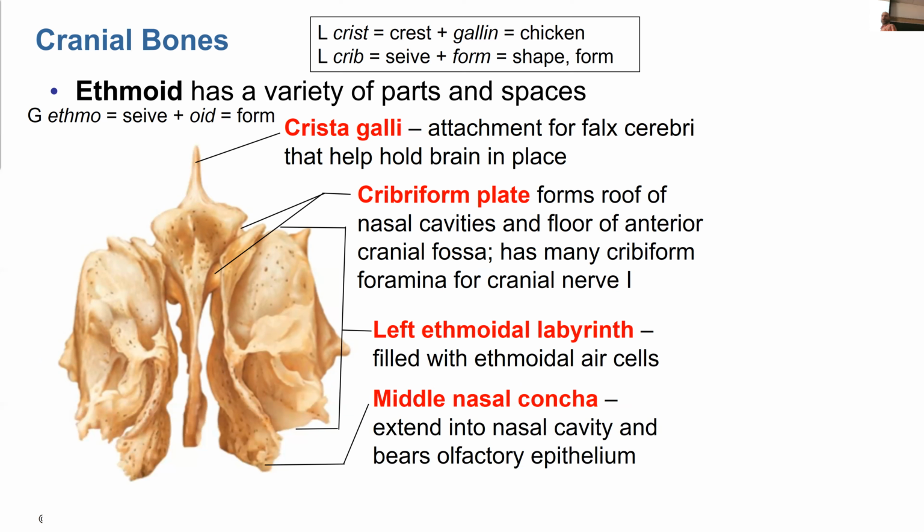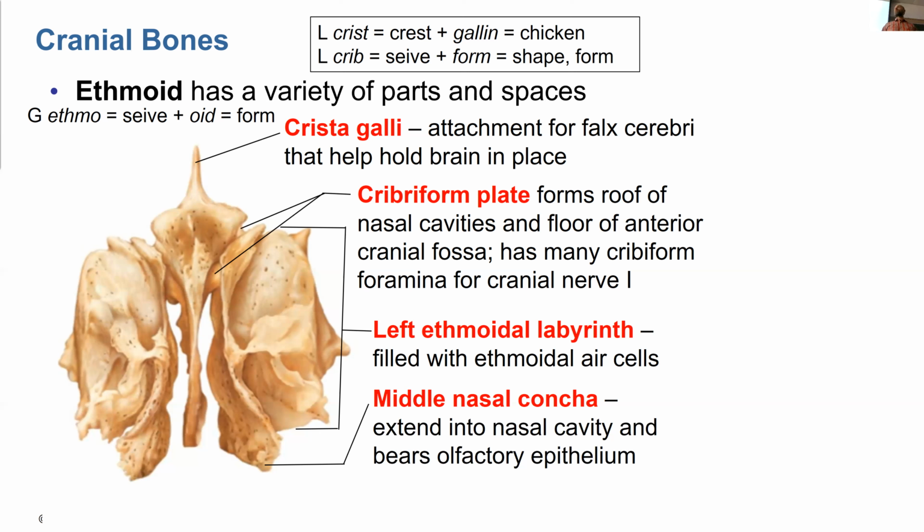You're going to see that there are 3 nasal conchae: a superior, a middle, and an inferior. The superior and the middle are part of the ethmoid bone, and the inferior nasal conchae are their own bones. You'll see that in just a second when we get to the facial bones. But these extend into the nasal cavity, and what's important is they contain olfactory epithelium.